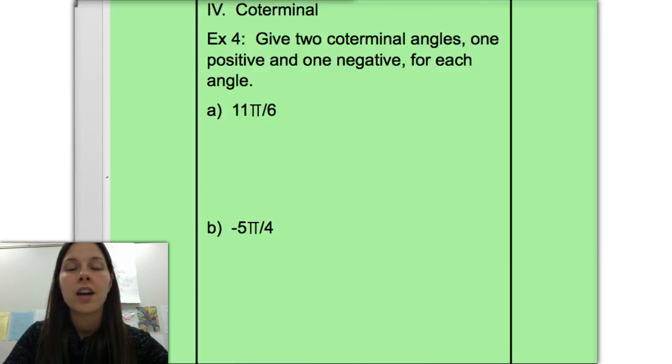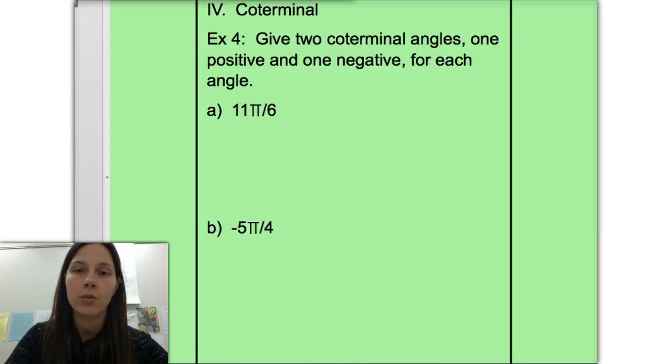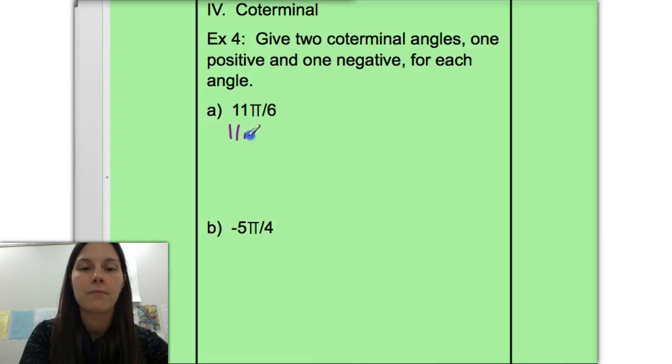And now we're going to take a look at coterminal angles in radians. So remember, for the degrees, we added 360 to find a positive coterminal angle, and we subtracted 360 to find a negative coterminal angle. So in radians, we will add 2 pi or subtract 2 pi.